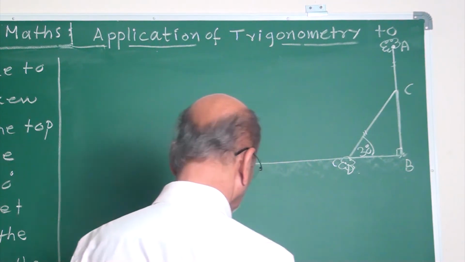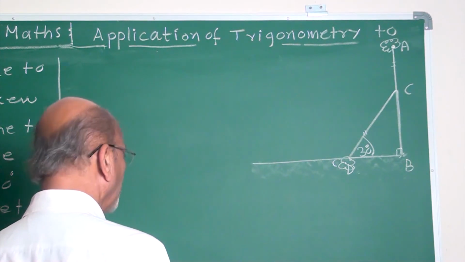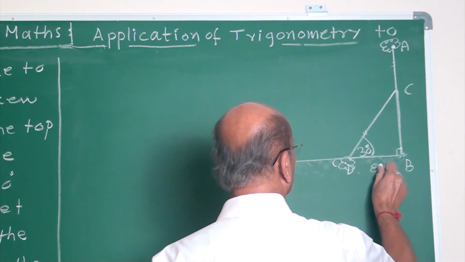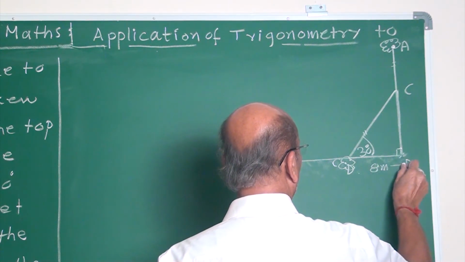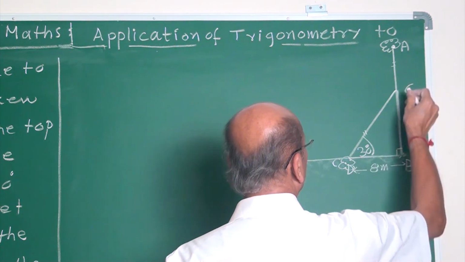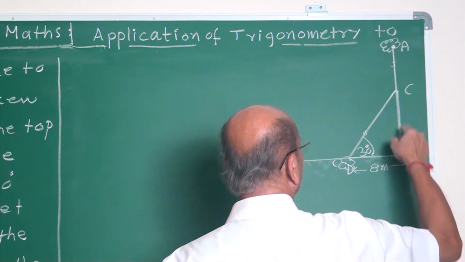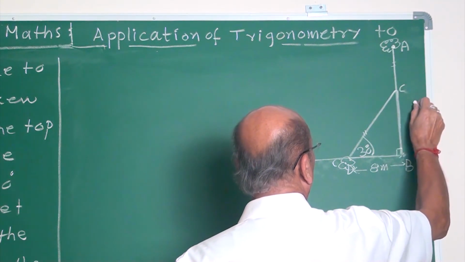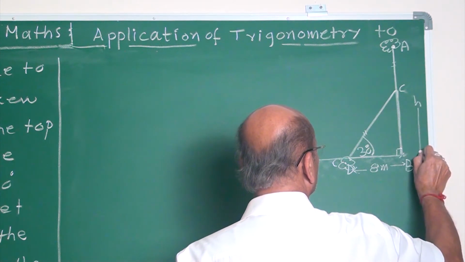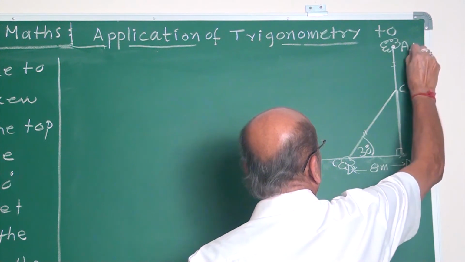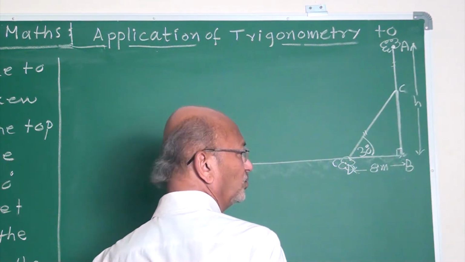What is given? This is given as 8 meters. You wanted to find the height of the tree. This is the height of the tree. This you wanted to find.